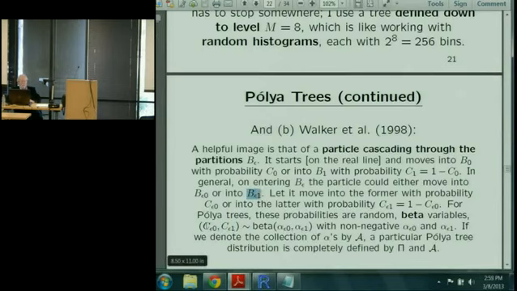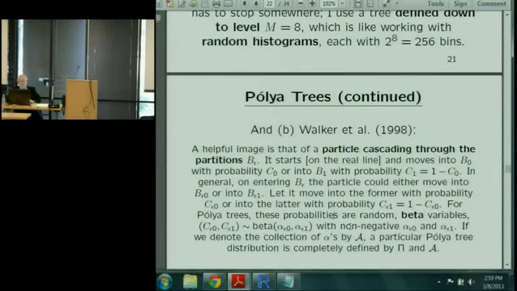C epsilon 0 is the probability of moving left, C epsilon 1 is the probability of moving right. And we force things so that that pair of numbers is like a draw from a beta distribution. C epsilon 0 is a draw from a beta distribution with parameters alpha epsilon 0 and alpha epsilon 1. And of course, C epsilon 1 just has to be 1 minus C epsilon 0.